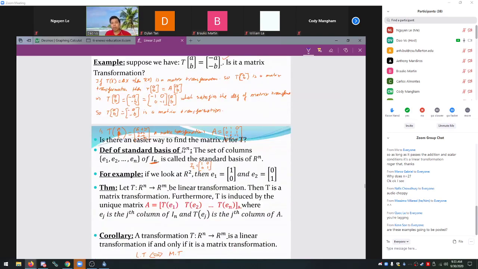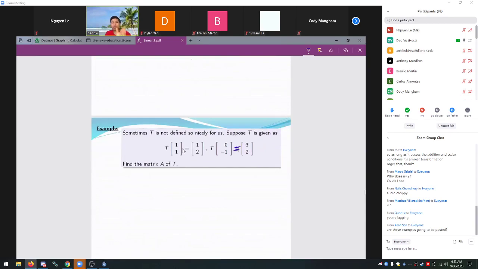However, in this example, they gave us two transformations, but they don't ask us to evaluate a third. Instead, they ask: based on those two transformations, can you find the matrix A? Those are totally different concepts.